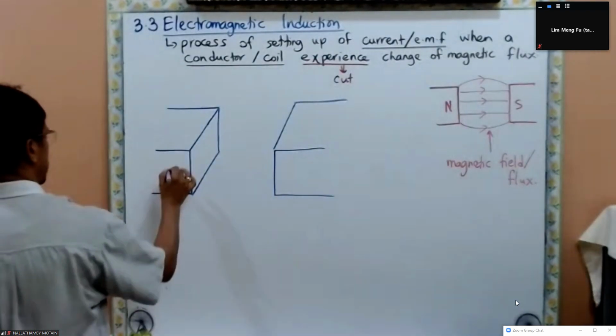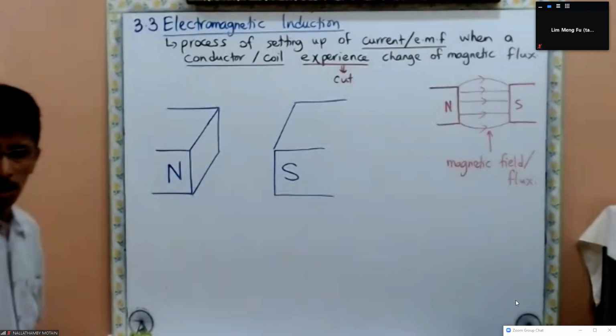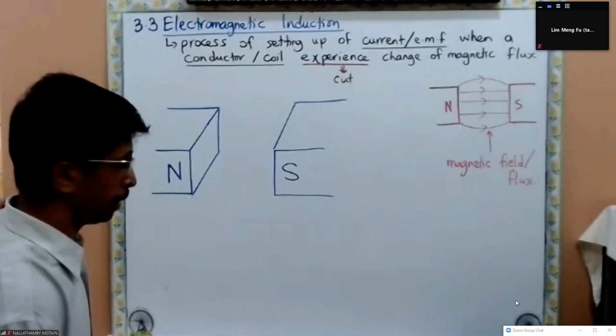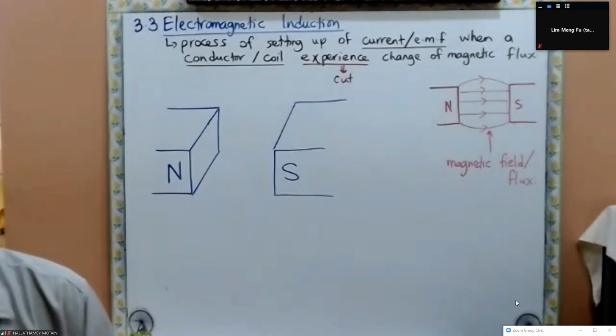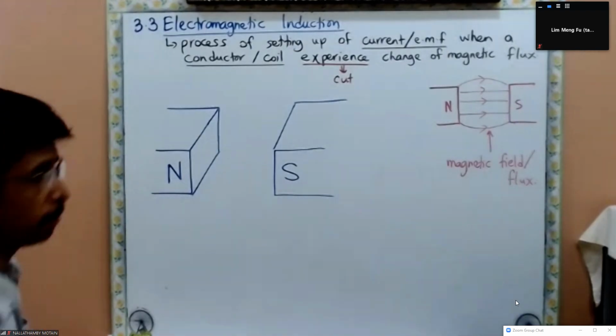Let's say here is the North Pole and over here is the South Pole. In between there is a magnetic field, but we can't see the magnetic field.